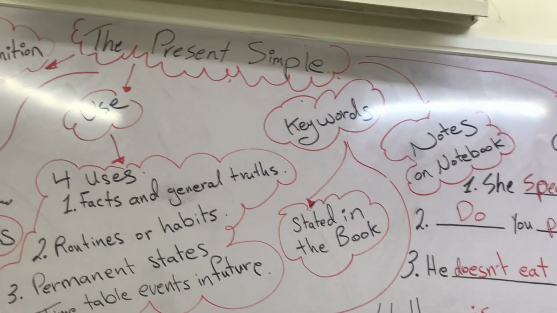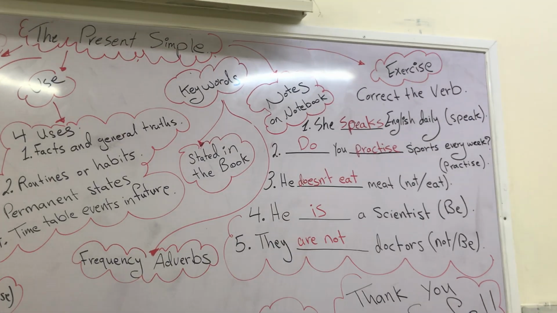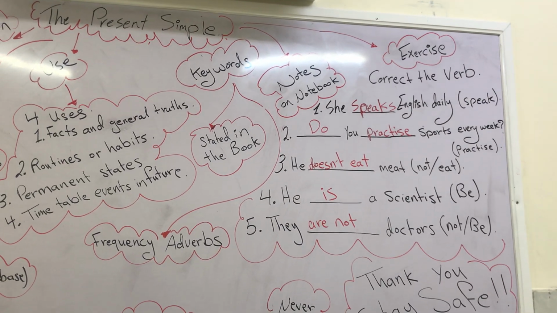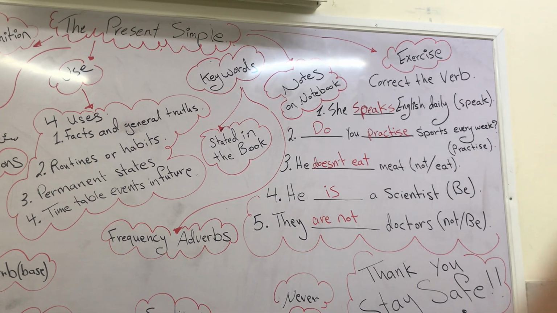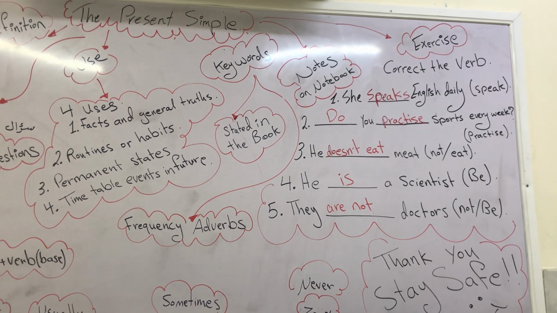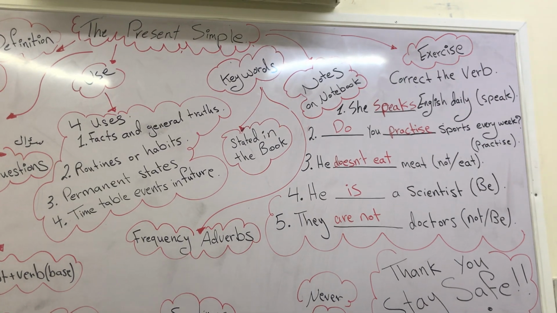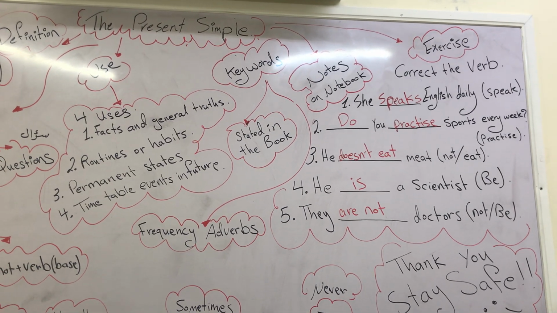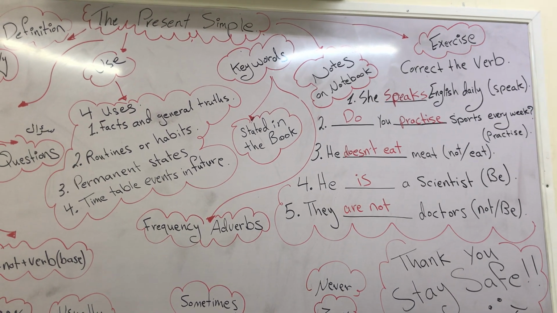And now we will go to solve our exercise, which is placed here, and the question is correct the verb. Number 1, she English daily. So here I have a keyword which is daily, and I have the verb which is speak, that I have to correct in order for our sentence to be correct.